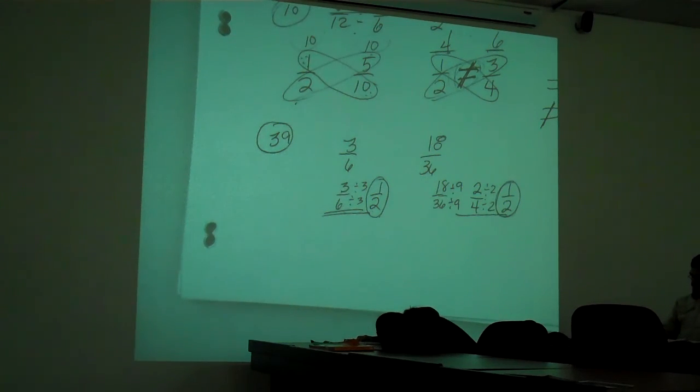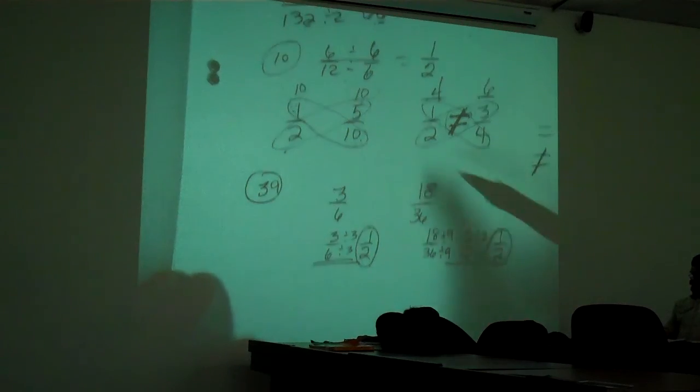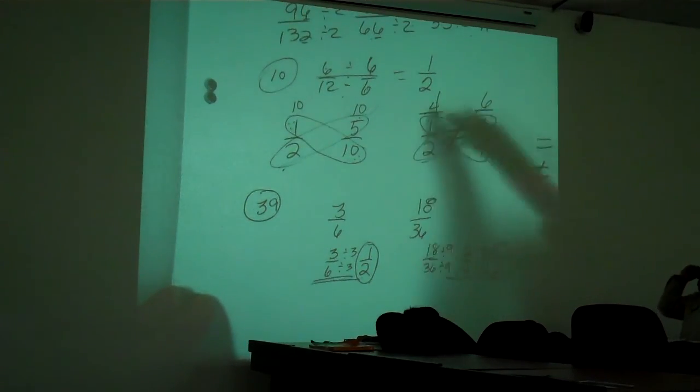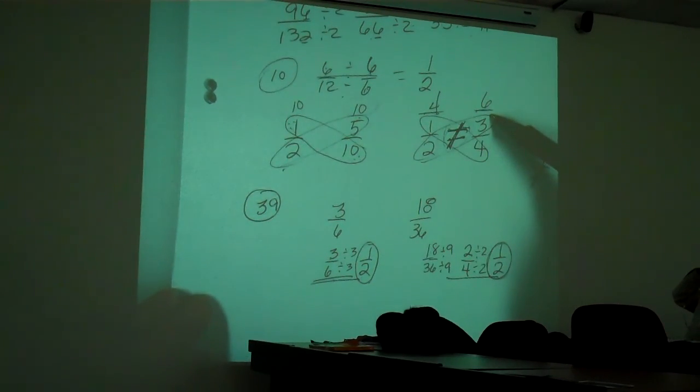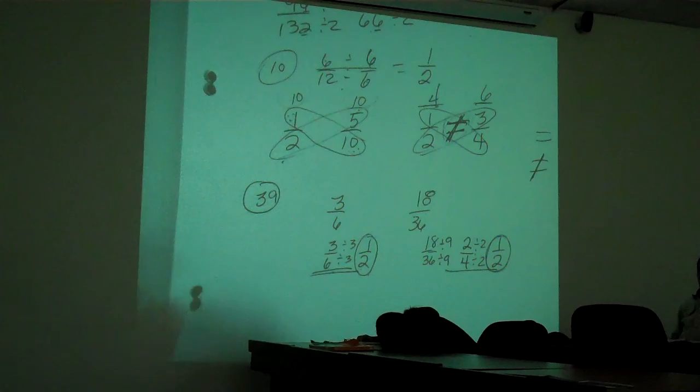But I showed you how to do it this way, so if you want to do it this way, I'll let you. Or you could follow the directions and do it in lowest terms. Either way, I'll let you do it either way. And I believe that's all for the homework, because that's the two sections that are due.